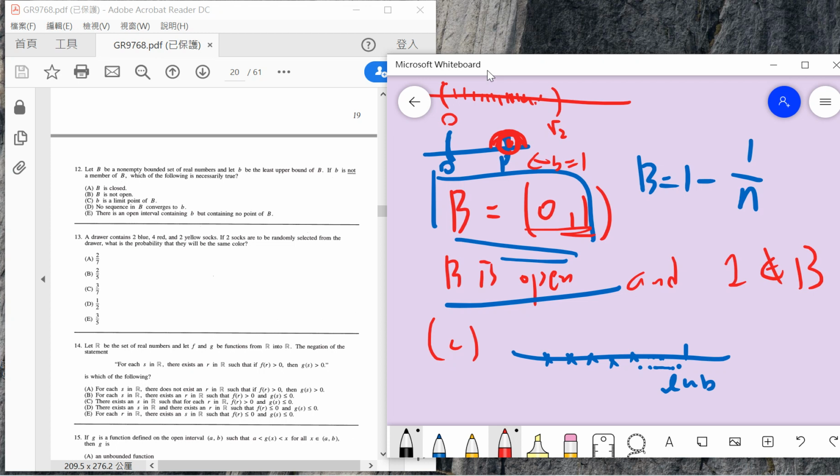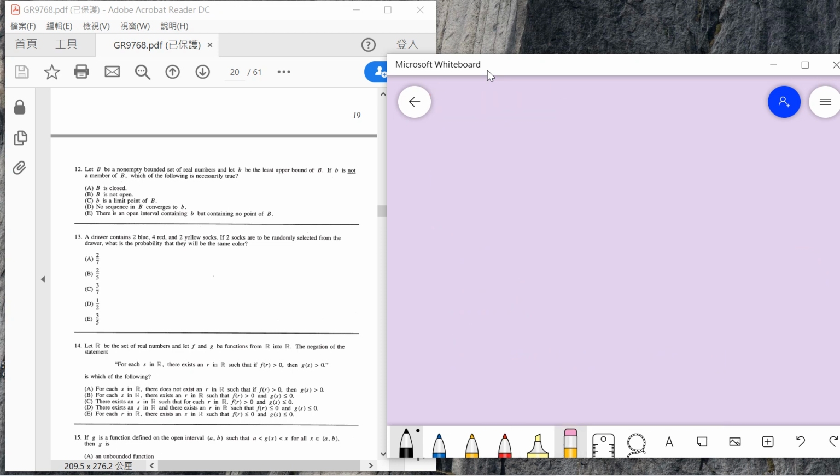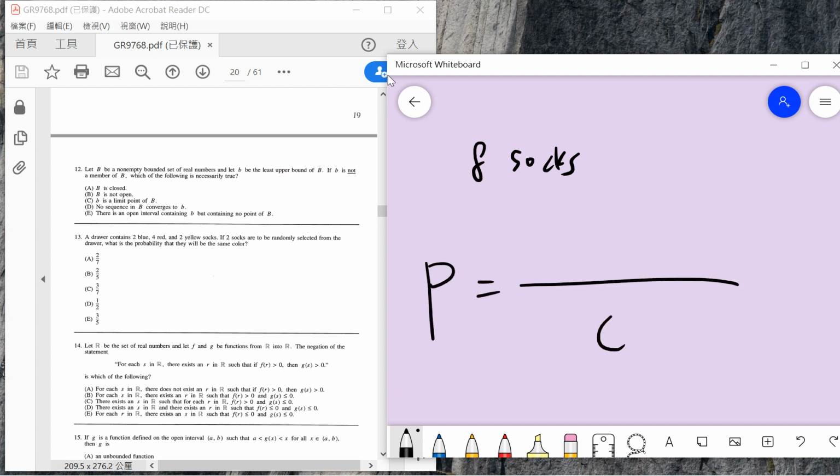Okay, 13. A drawer contains 2 blue, 4 red, and 2 yellow socks. If two socks are randomly selected from the drawer, what is the probability that they will be the same color? This is also simple. In total we have 8 socks. Maybe in the USA people like to use this notation, choose 2 from 8.